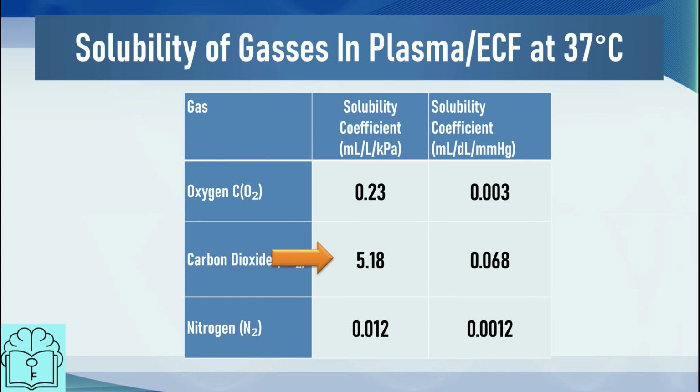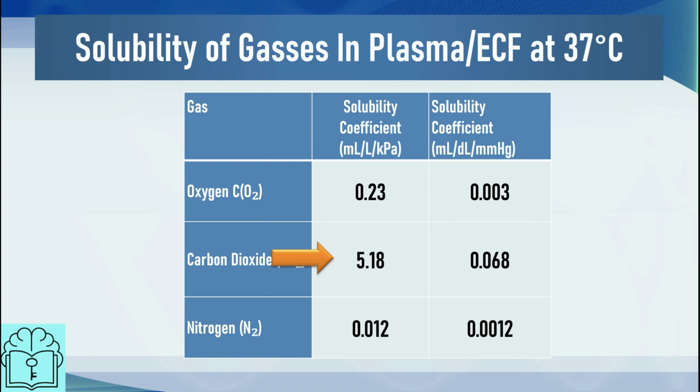This is important. It's important in terms of basic physiology, but it's also very important in terms of how anesthetics work. The solubility of any gas or vapor has a huge impact on its onset of action and its offset of action. And how the body handles carbon dioxide and oxygen is a really good way of illustrating this.